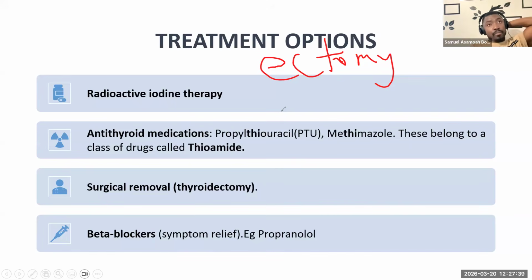So if the thyroid glands are the ones producing too much thyroid hormones, you will remove the thyroid. If it is the adrenal gland, remove the adrenal gland: adrenalectomy. What about if it's the kidneys?